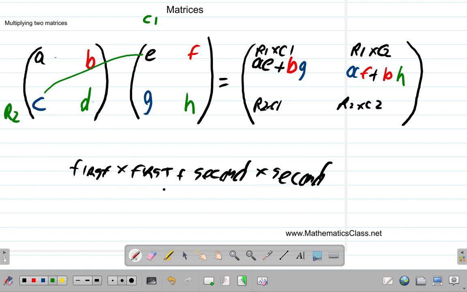Plus second element in row 2 times second element in column 1, DG. So that's going to be CE plus DG. Do you see that? Make sure you're following the pattern.